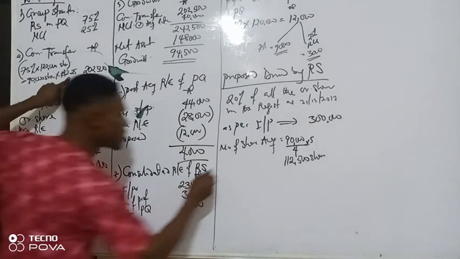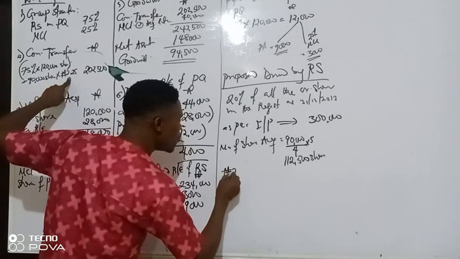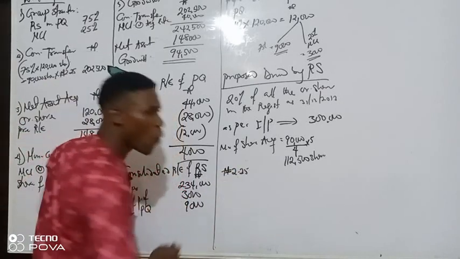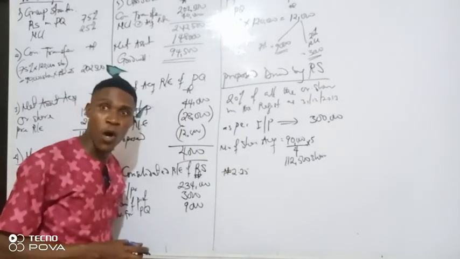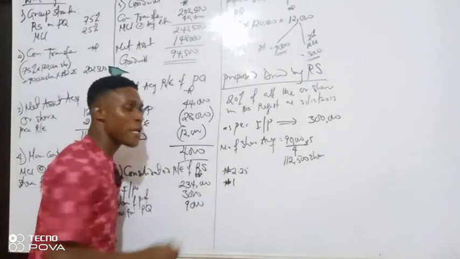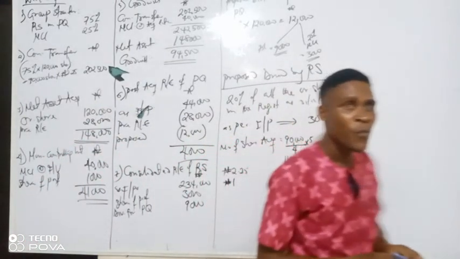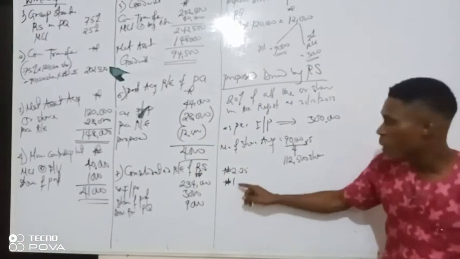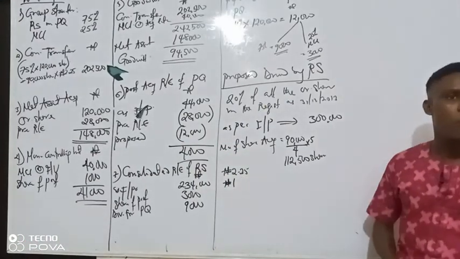The amount paid is 2 naira 25 kobo, whereas the nominal value is 1 naira. That means there is a share premium. Something worth 1 naira, you pay 2 naira 25 kobo.